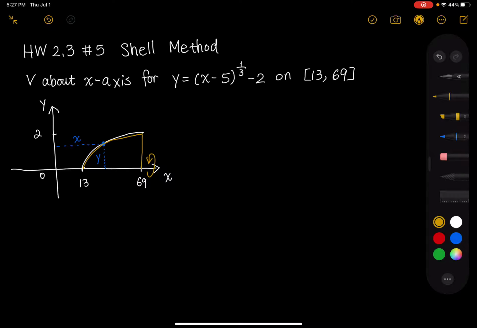solid. So now we need to look for, okay, what is the radius of the shell and what is the height of the shell, because this will be how each shell looks like.